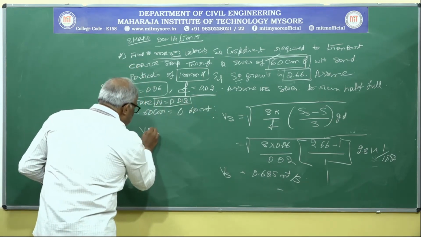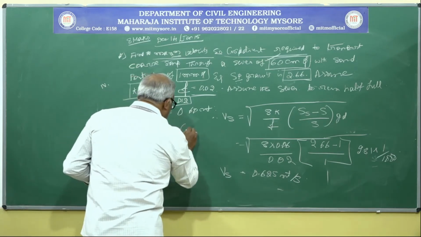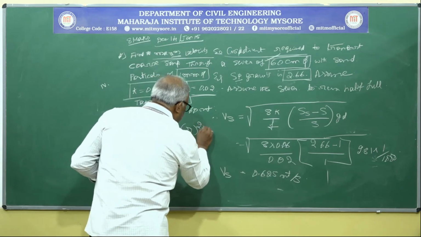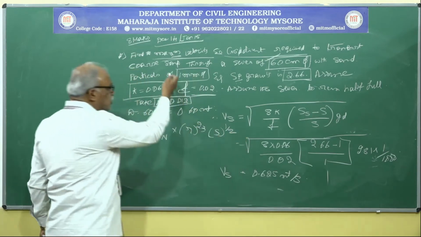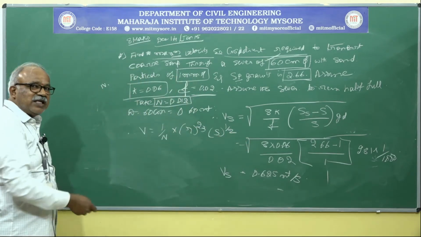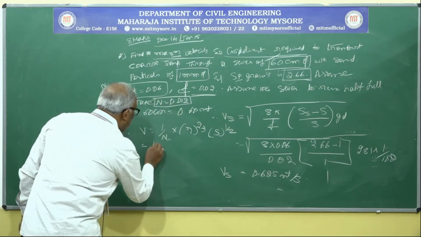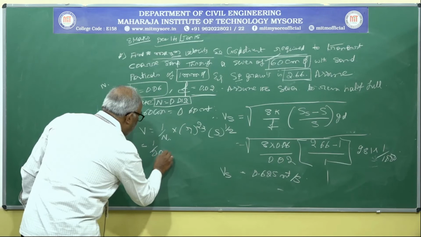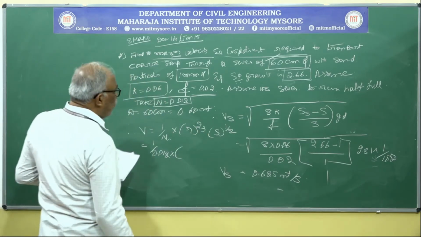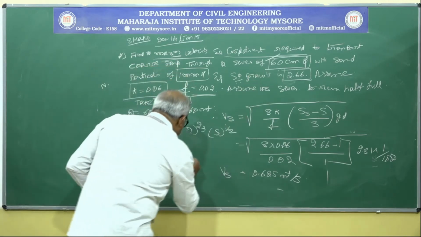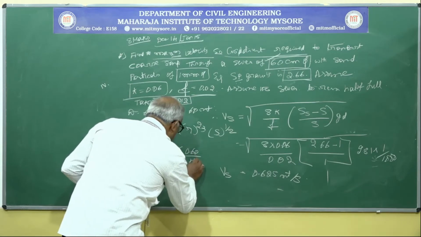Therefore, we can use Manning's equation: V is equal to 1 by n into small r to the power of 2 by 3 into S to the power of half. You substitute all these values into this Manning's equation. So 1 divided by 0.012 into r. What do you mean by r? That is the hydraulic radius, d divided by 4.